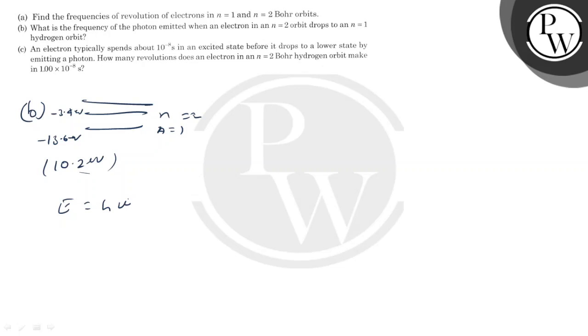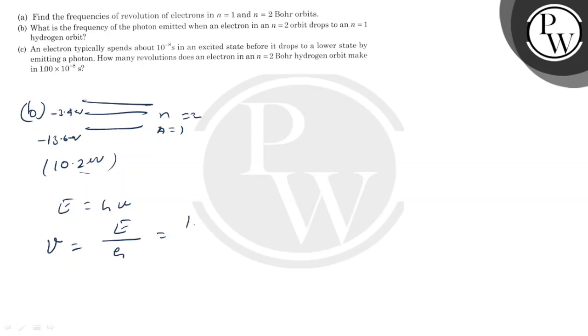So nu equals E by h, where E in SI unit, in joule, we get by multiplying by 1.6 into 10 to the power minus 19.